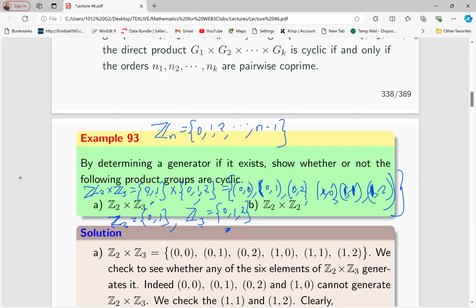Now, how many elements are there? When we answer that question, we are answering what is the order of this group. The order of this group is 2 times 3, which is 6. And in fact, when you count, you'll find there are 6. Let's count. 1, 2, 3, 4, 5, 6. There are 6 elements.